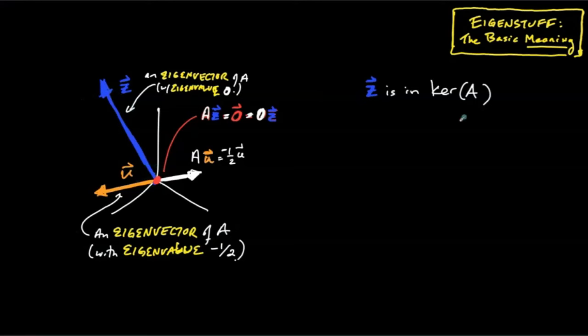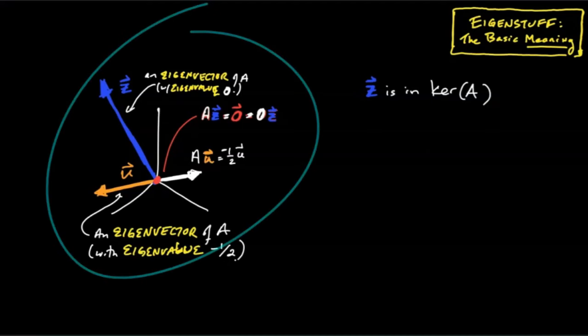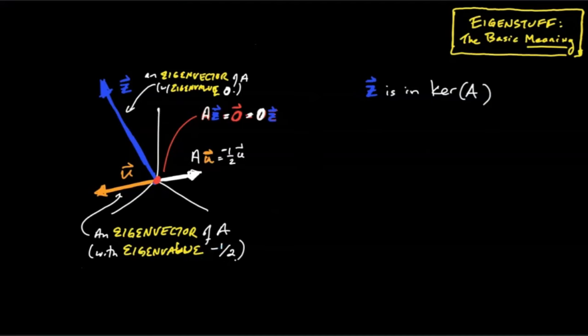And one of the most important things to know about the kernel is that it is a subspace, in this case of R3. And what do we know about the subspaces of R3? Can there be a subspace of R3 that consists of a single non-zero vector? No, of course not. The only subspaces of R3 are the origin itself, lines through the origin, planes through the origin, and the entirety of R3. And that's it.